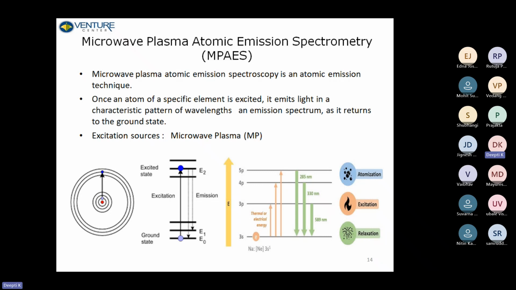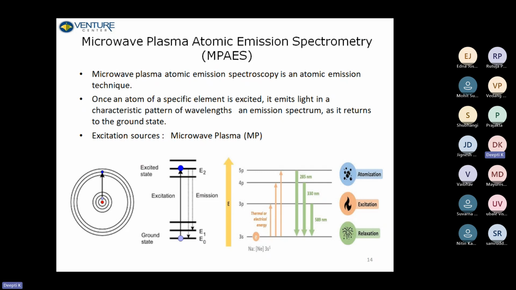After ICP OES, the next important technique that I would like to discuss here is MPAES, microwave plasma atomic emission spectroscopy. Here, instead of inductively coupled plasma, a microwave plasma is used as the excitation source.